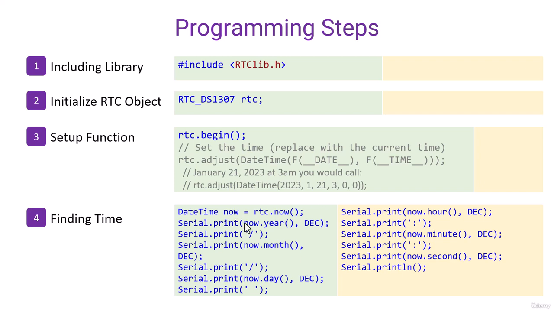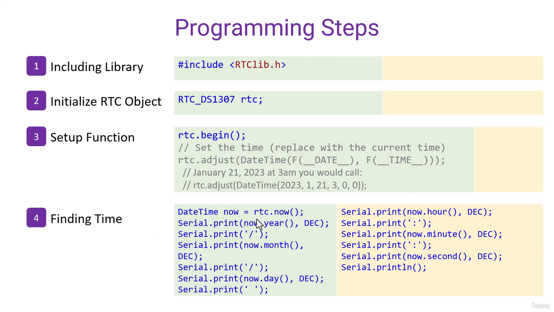Then using this now, we can access all the data information for that moment, like year. now.month will print the month value. now.day will give the day value in a similar manner. Also, you need to mention the number type or the number format, like decimal. You can do that here. So those are the very basic steps. First, you need to include the library, then create the object, then in void setup you need to write rtc.begin.